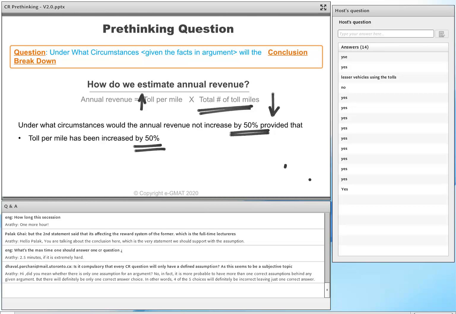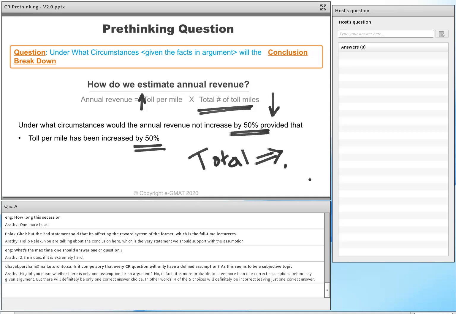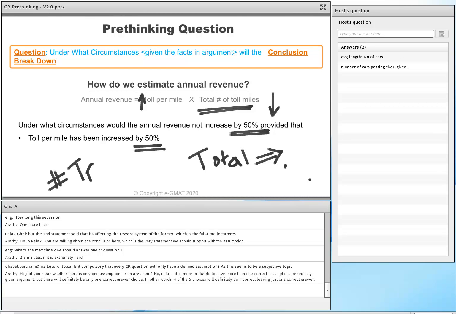Now, let's just stop over here. How do we really get to the total number of toll miles? Let me just write this. What's the formula over here? How do we get this? It's a product of two things. It's the number of trips or number of cars, let's call it trips, multiplied by the distance per trip.